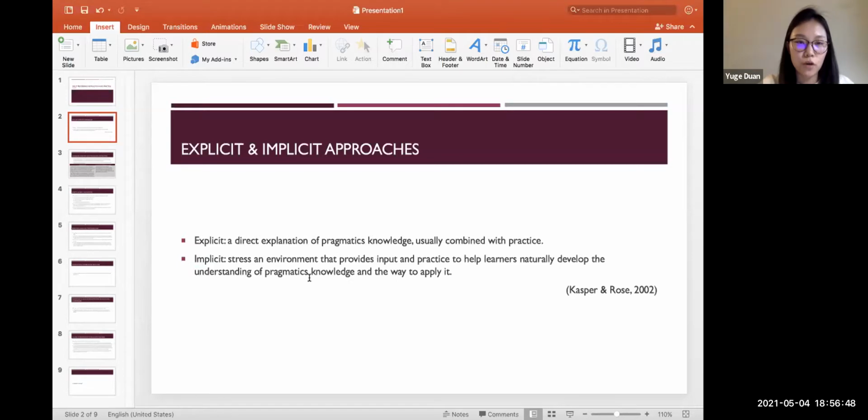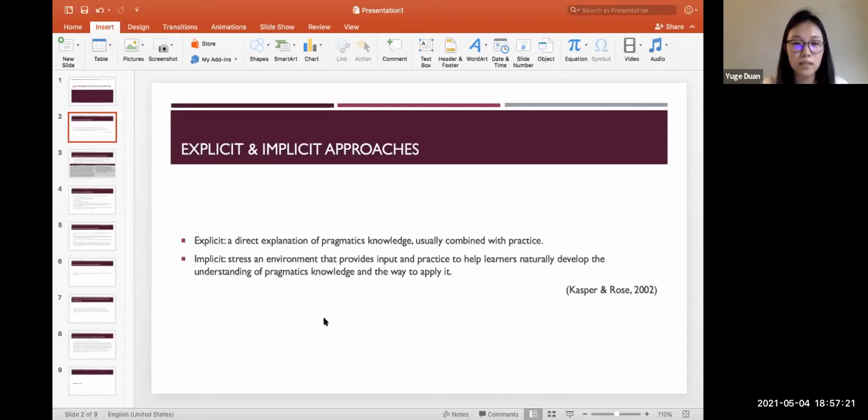Okay, so first, I briefly mention explicit and implicit approaches, which is well explained in Elaine's presentation. I'll read it very quickly as a review. The explicit approach refers to a direct explanation of pragmatics knowledge, and it is usually combined with practice in class.